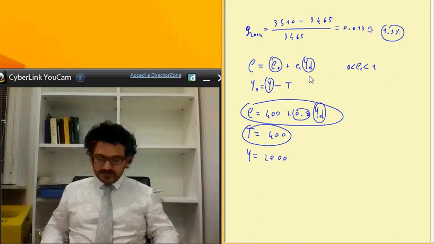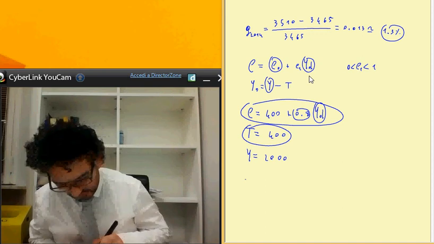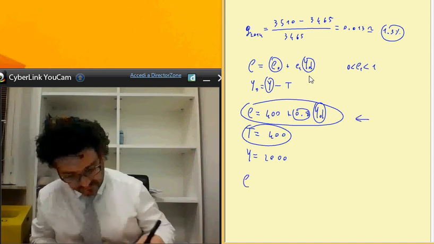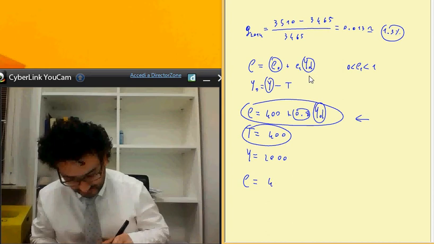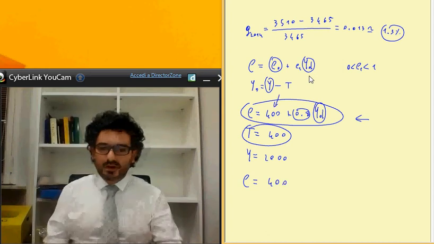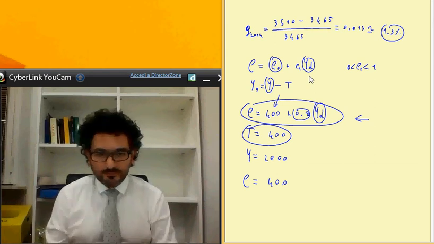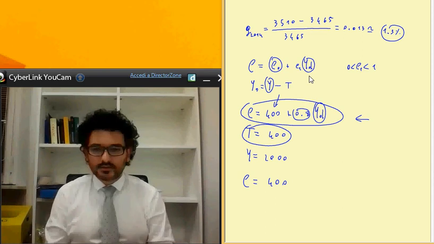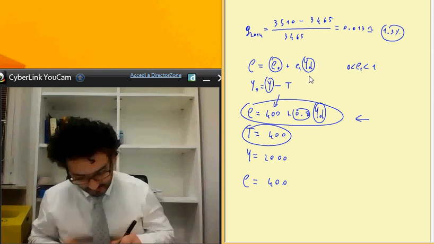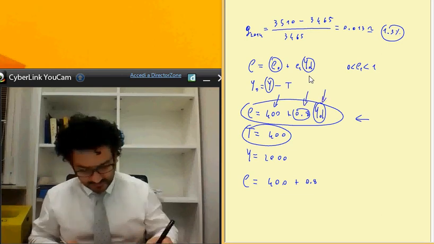This is easy to compute. The level of consumption, according to this theoretical hypothesis, will be equal to 400, which is the part of consumption which does not depend on the current disposable income, plus the propensity to consume 0.8, which multiplies the disposable income.